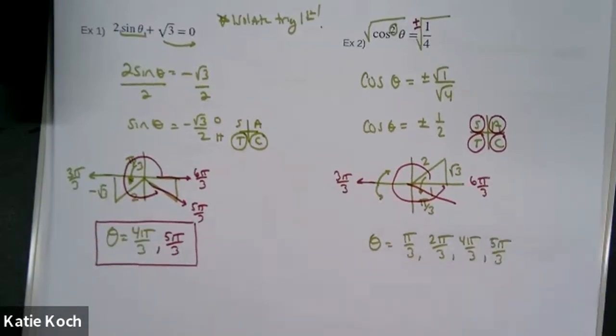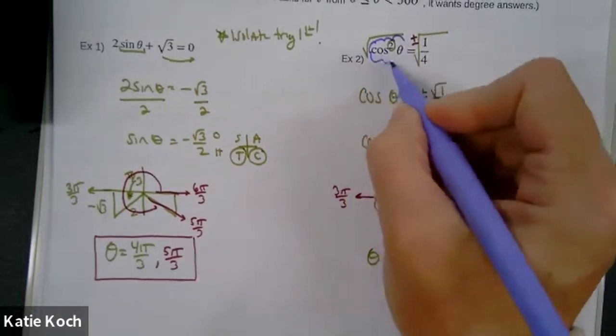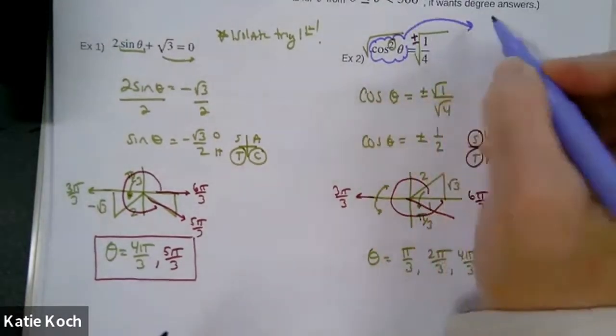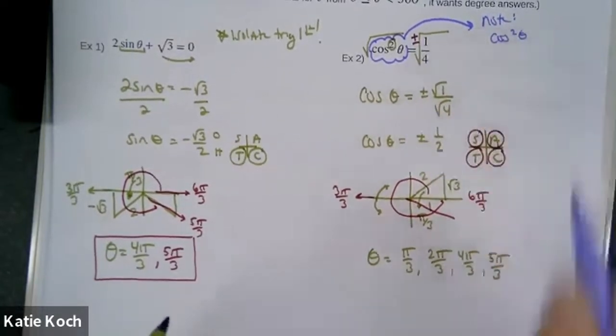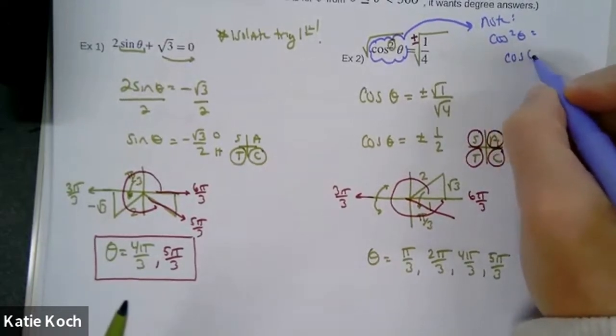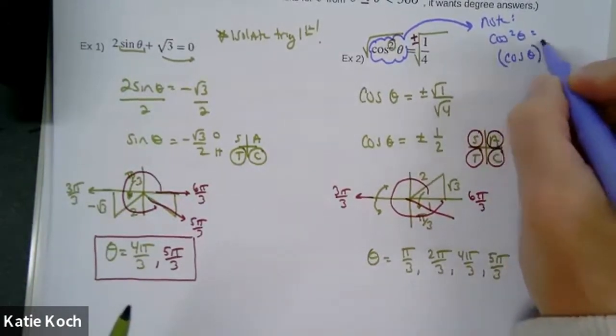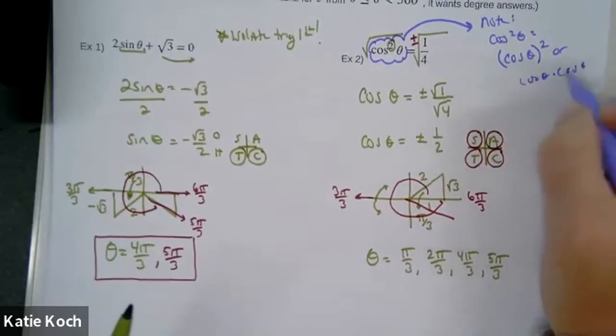Before I flip the page, I just want to make a special note about this problem. Notice that the original problem had this cosine squared. It's very important to note that the cosine squared of theta is the same thing as the cosine of theta in that quantity squared, or cosine times cosine.